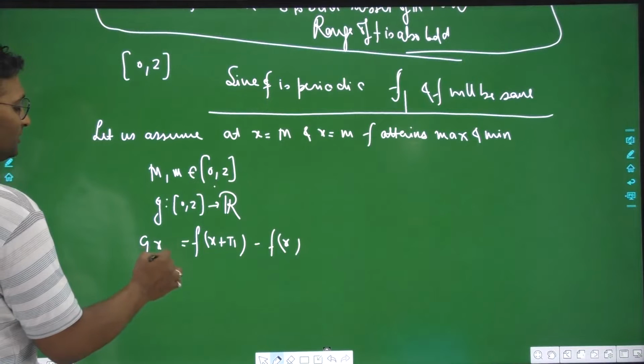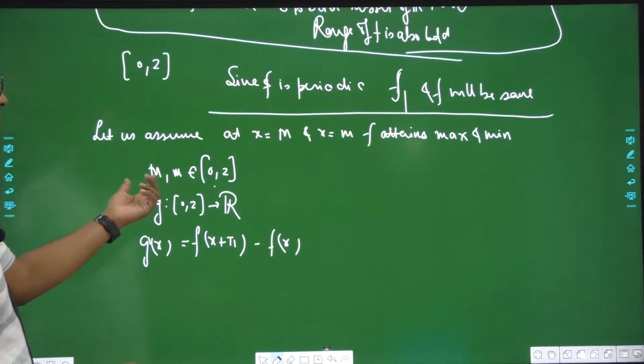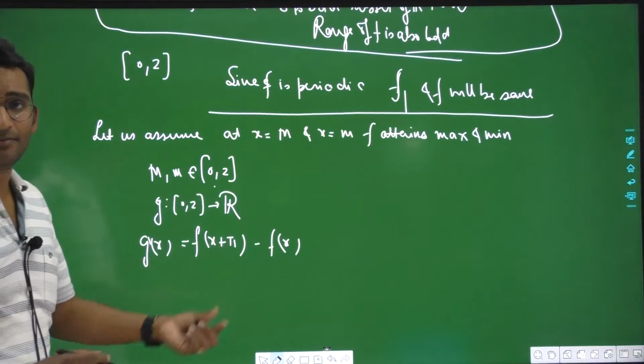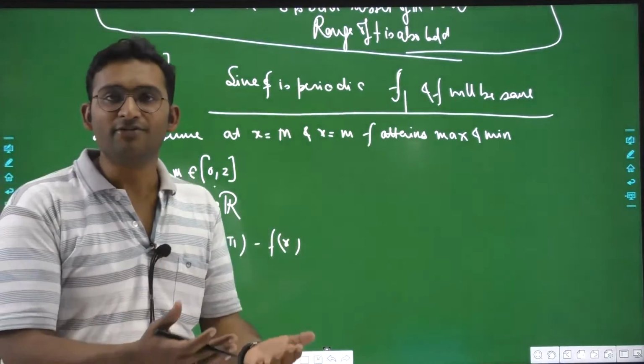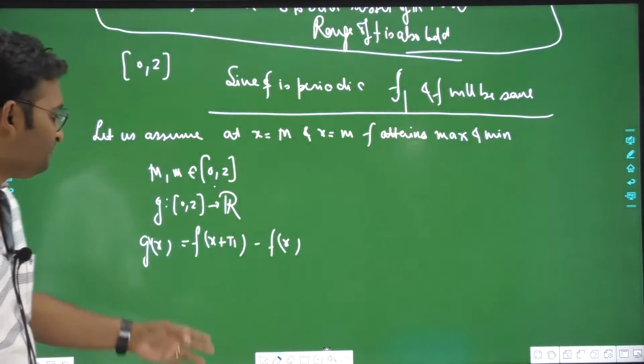Now as you can see that capital M and small m happens to be the maximum and minimum value at points where function assumes maximum and minimum value.